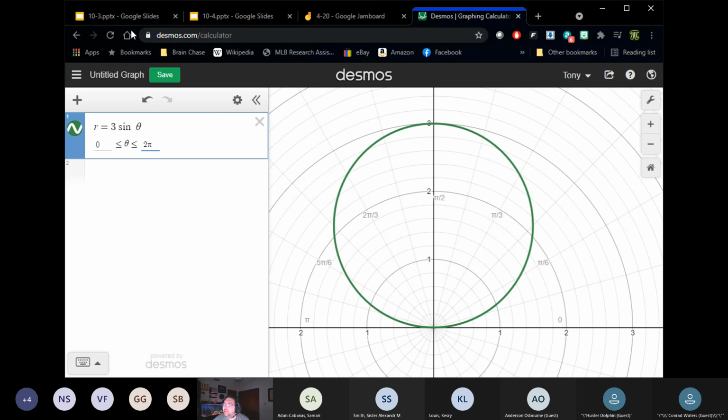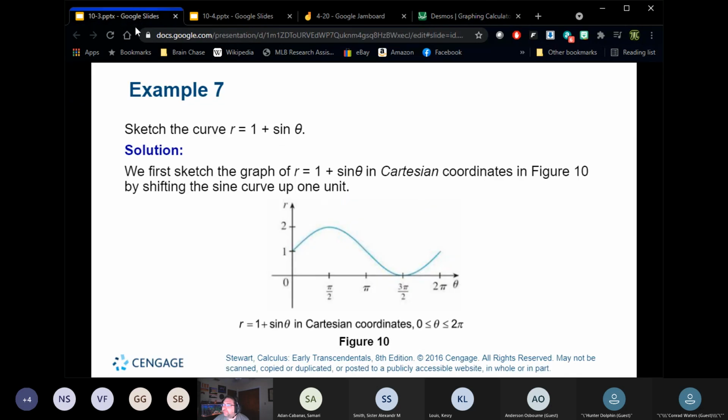All right, let's look at one that's going to be a little crazier. It's called the cardioid. So if we were to graph the curve 1 plus sine theta, all the ones we did so far have been multiplication. If we look at 1 plus sine theta, that's just the sine curve shifted up by 1.